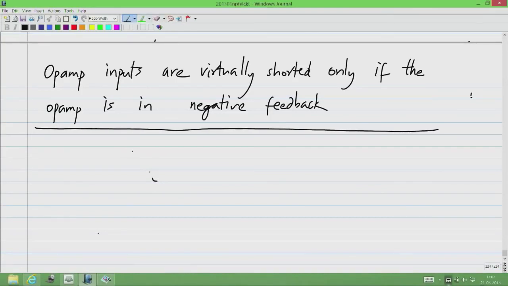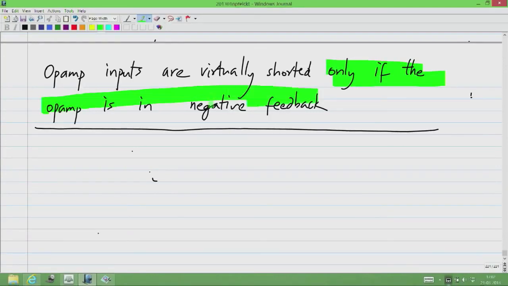Okay, so this is a very important condition. You cannot assume that the op-amp inputs are virtually shorted in any circuit. Okay, in every circuit, the op-amp has to be in negative feedback in order for the op-amp inputs to be virtually shorted.